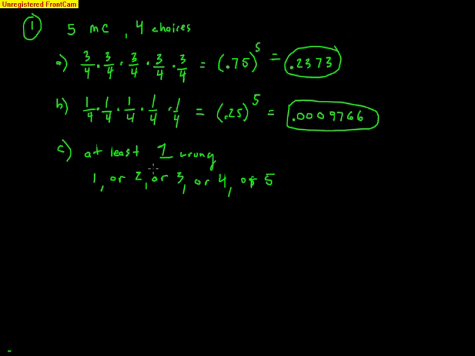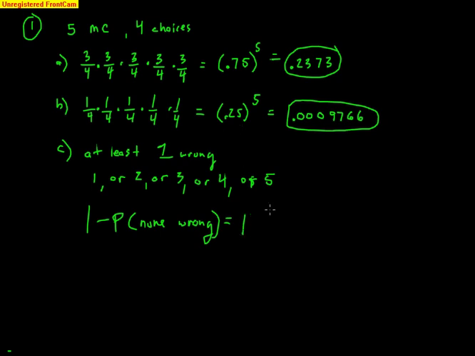So think about what's the one case I didn't mention here. What's the one case? At least one wrong, 2 wrong, 3. The one case I didn't mention is none wrong. So if I do 1 minus the probability of none wrong, I'll have the answer to what I'm looking for. And it's much easier to do one thing than to do all these different things up here, 1 or 2 or 3 or 4 or 5. So I already figured out in the previous problem the probability of none wrong, or all right, obviously.